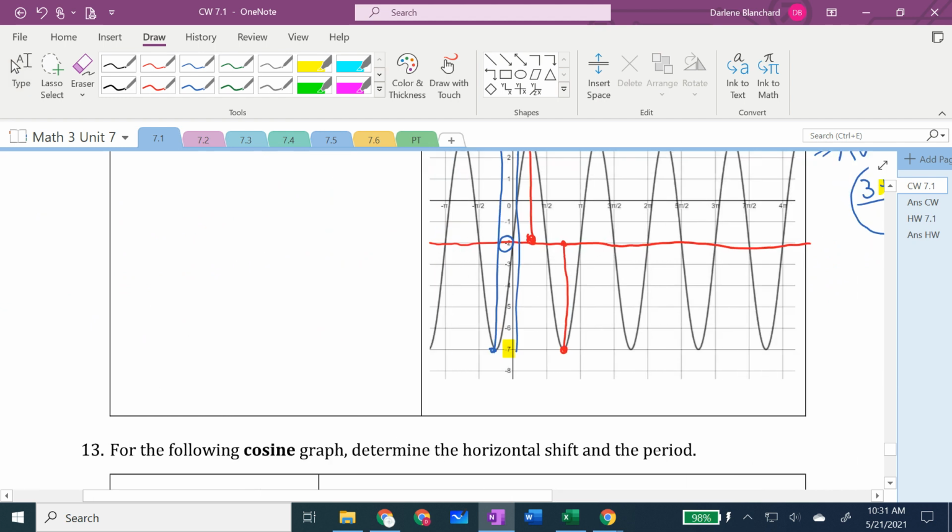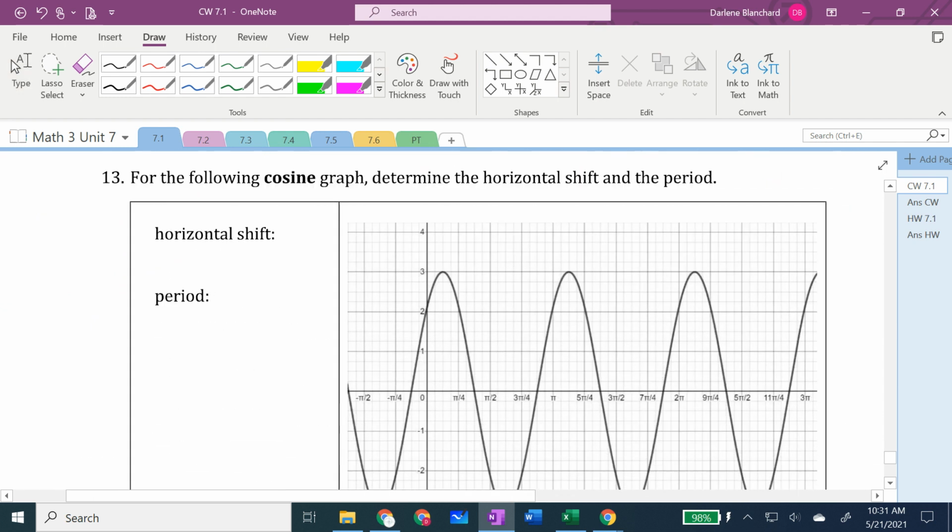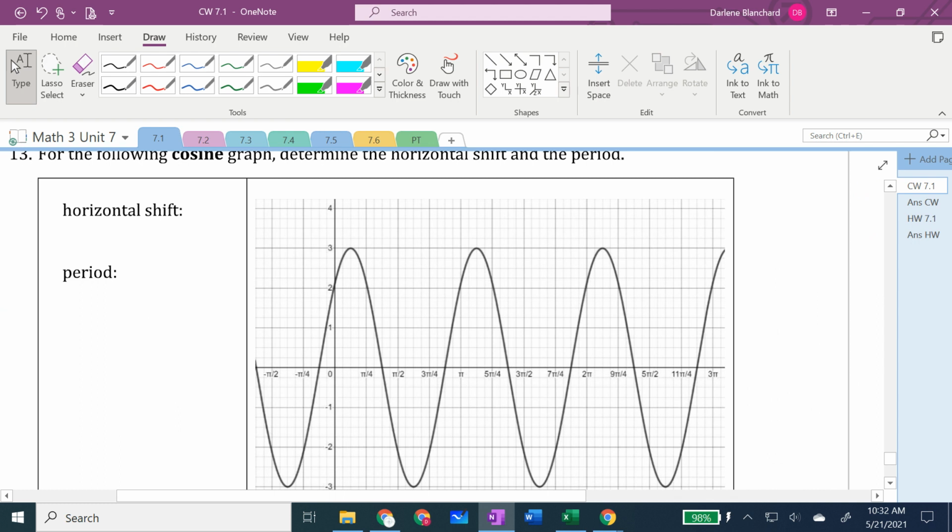All right. Now, the other thing is, can you figure out the period and the horizontal shift? The example we just did focused on the y values. When I'm looking at the horizontal shift and the period, I'm looking at the x values.